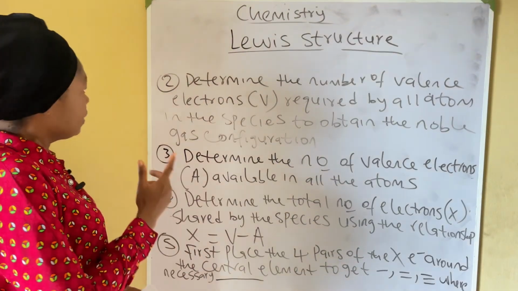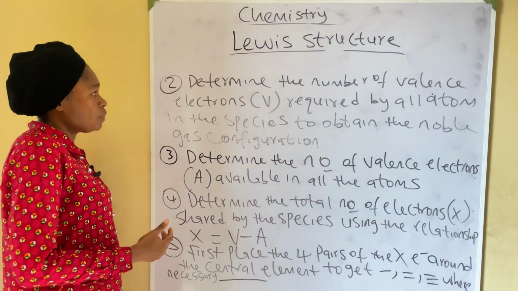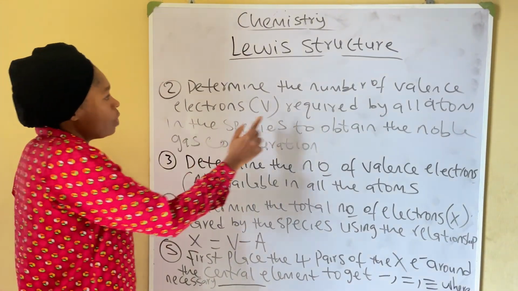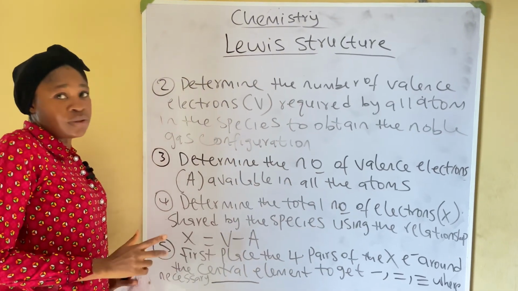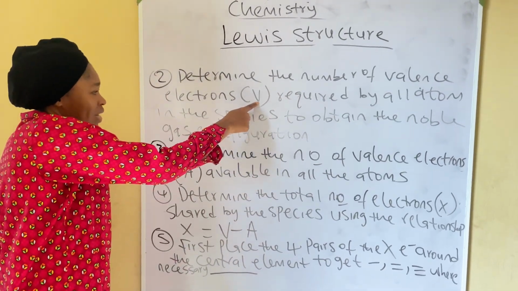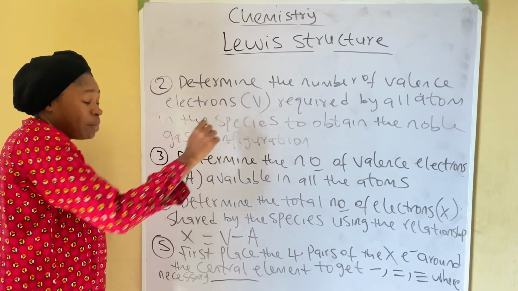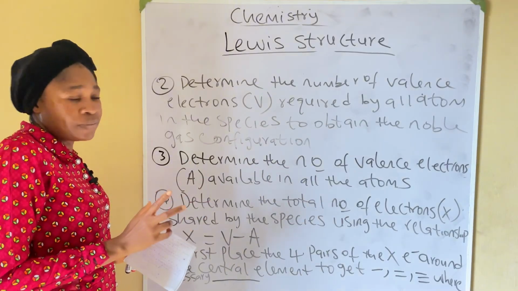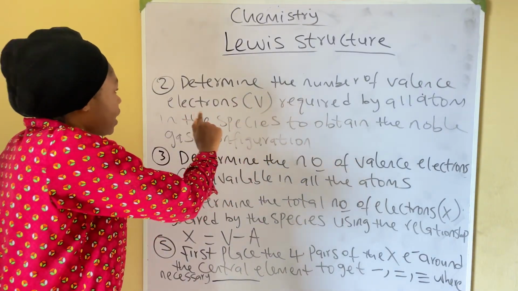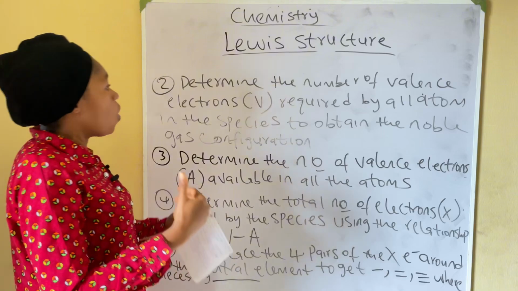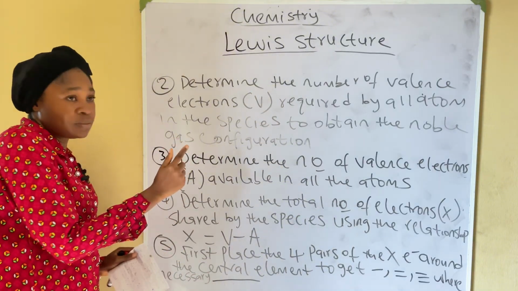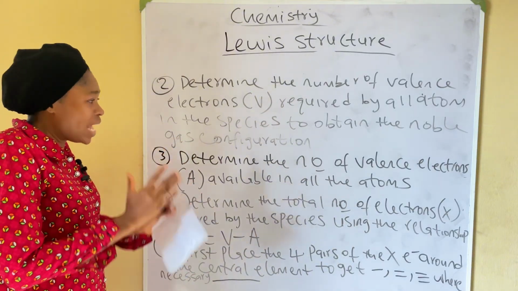Okay, let's look at guideline number 2. Determine the number of valence electrons, V, required by all atoms in the species to obtain the noble gas configuration.